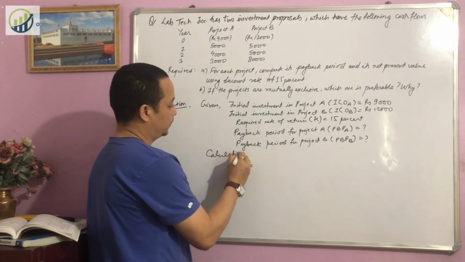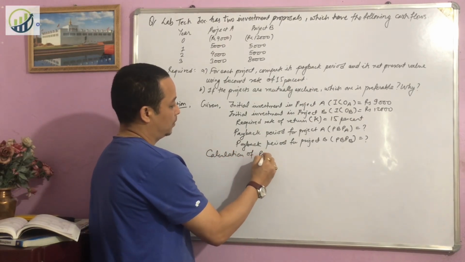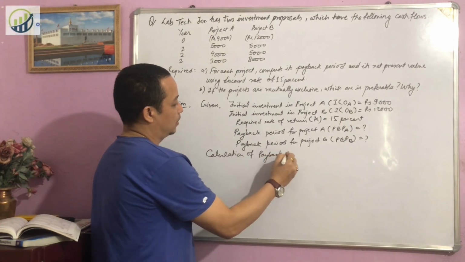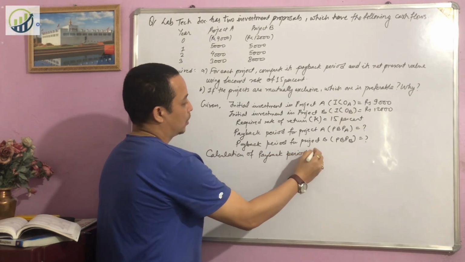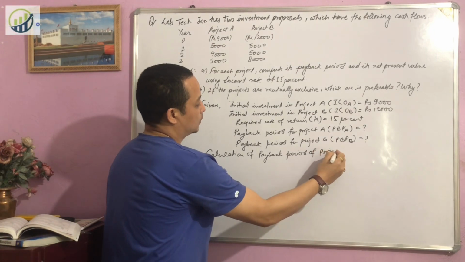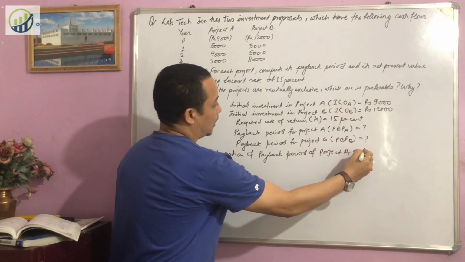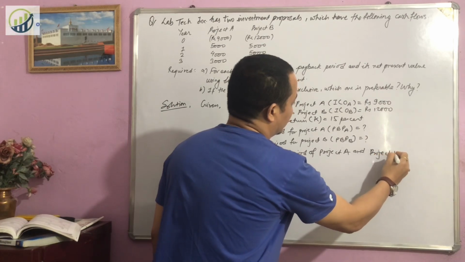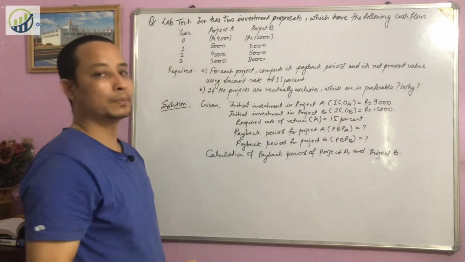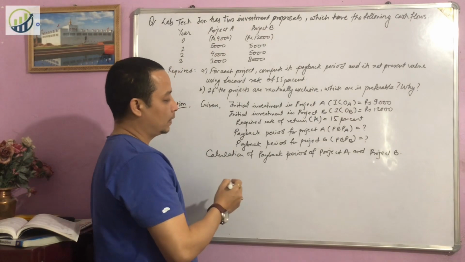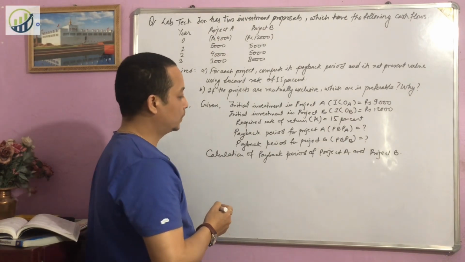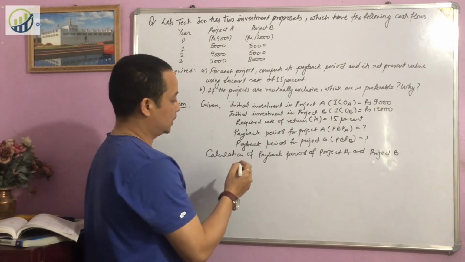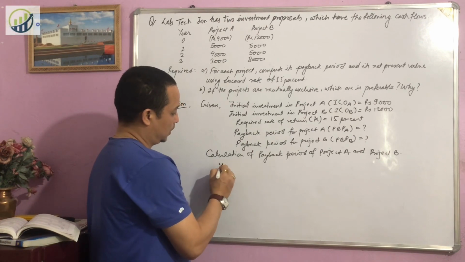Now let's find the payback period. Calculation of payback period of project A and project B. To find it, you have to find the cumulative cash flows.